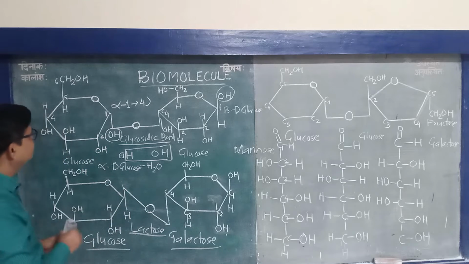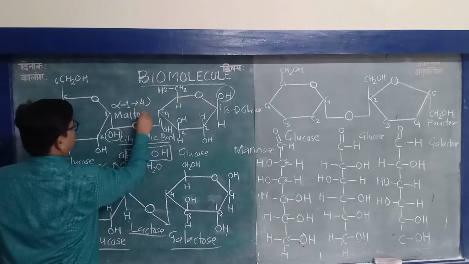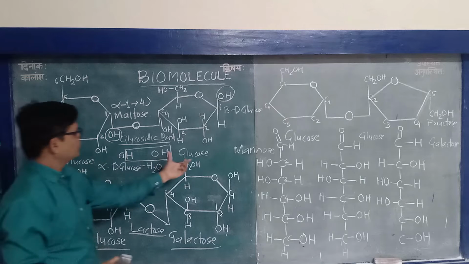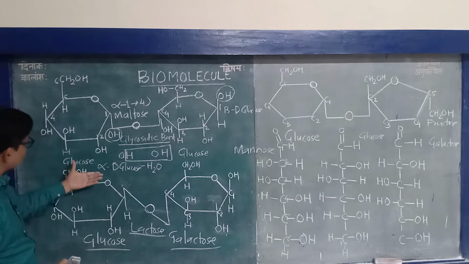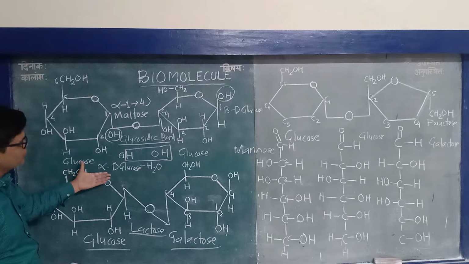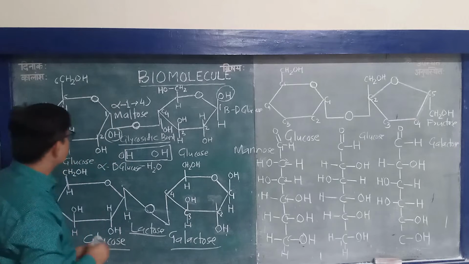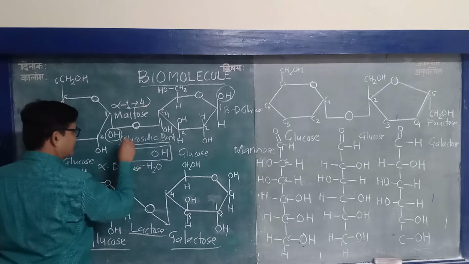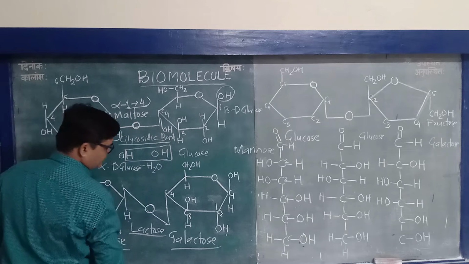In case of maltose, the monomeric unit is glucose and glucose. But you have to clarify what form of glucose it is. This is alpha D glucose and this is beta D. So we can say it is an alpha 1,4 linkage, that is the glycosidic bond between these two units of glucose.